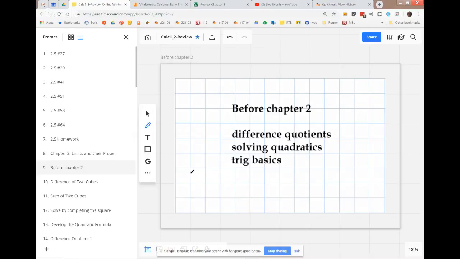That's a difference quotient. Solving quadratics still becomes an issue. And remember, there's a couple ways to do it. You can use the quadratic formula. You can also use completing the square. And then, as you probably have noticed, trig basics you can't get rid of. Even though those came before chapter 2, as you can tell, they're all over the assignments of chapter 2.